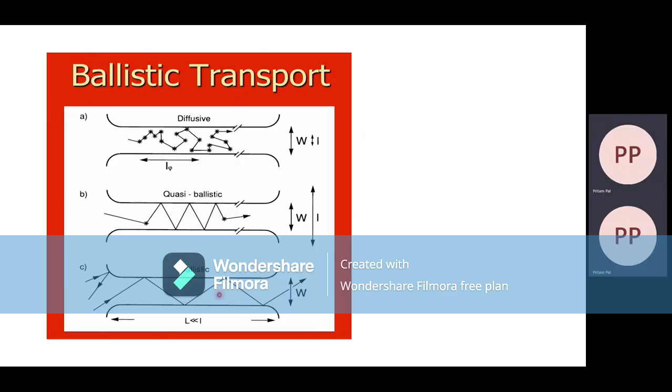Quasi-ballistic regime is something in between. As you can see in the picture, the electron crosses the wire.